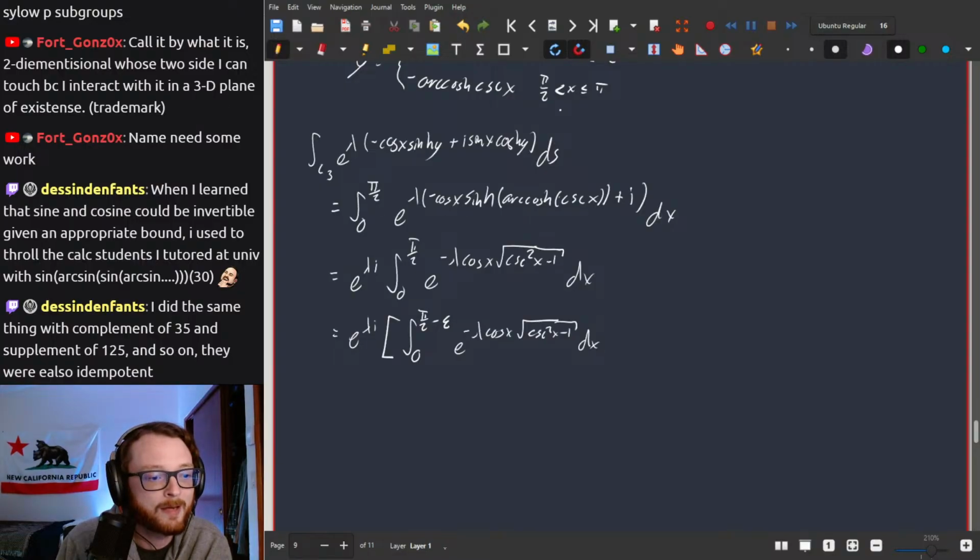Using the complement of 35, supplement of 125. So idempotent? Idempotent? I don't know how you say that word. I've seen it before. It weirds me out. The complement of 35, wouldn't that depend on the operation you're talking about? Like it could be negative 35 or 1 over 35 or something.